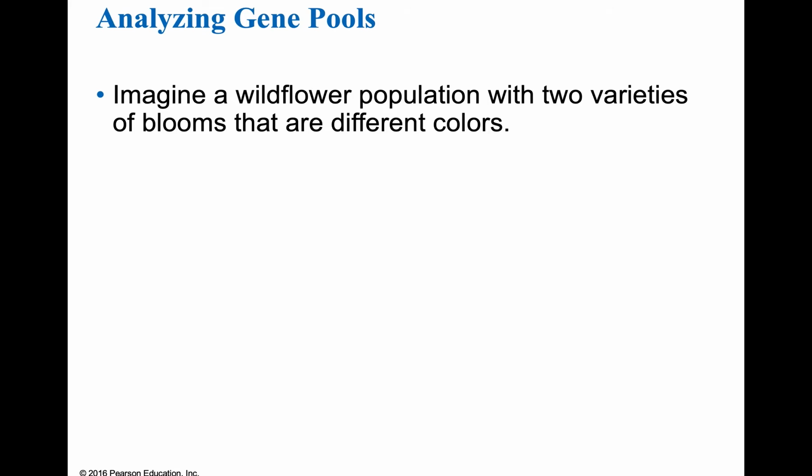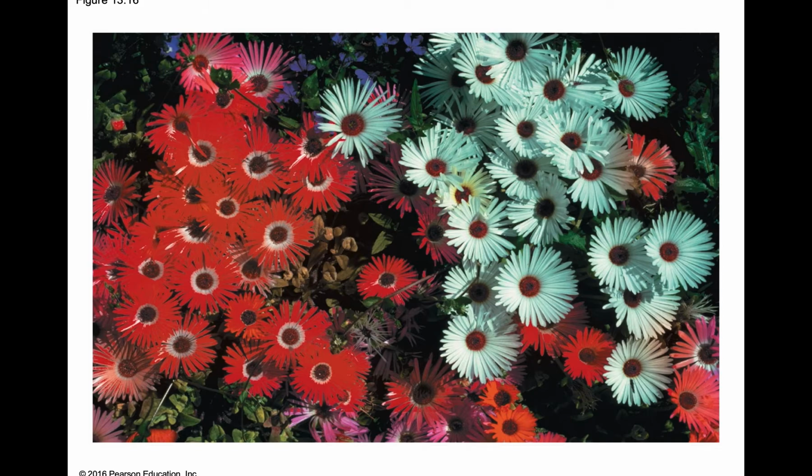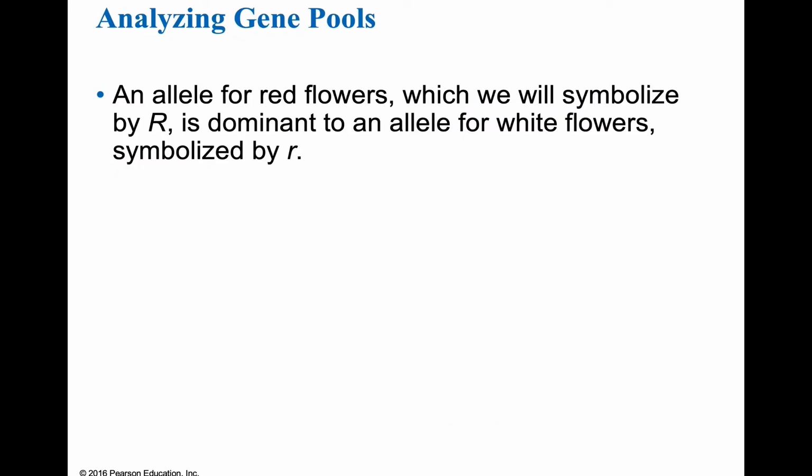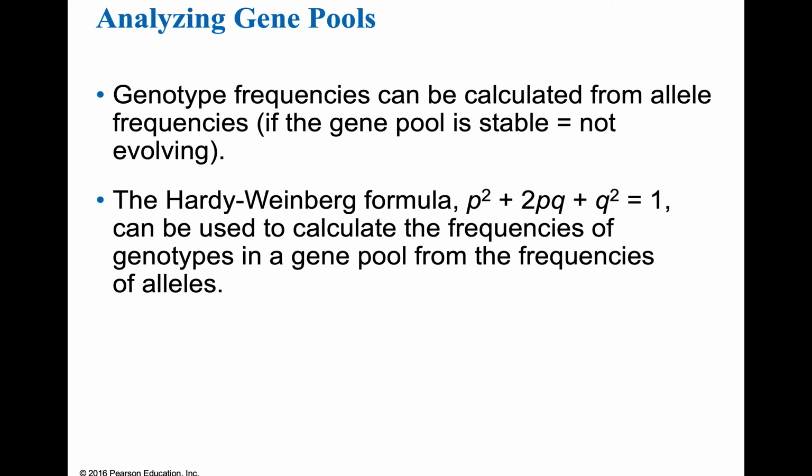Now, the textbook is going to go into describing two kinds of wildflowers, one red one, one white one. And what they're going to do here is teach you how to analyze a gene pool. So that's what we're going to do. Now, here's the red flower, the white flower. And then we're going to take a formula.